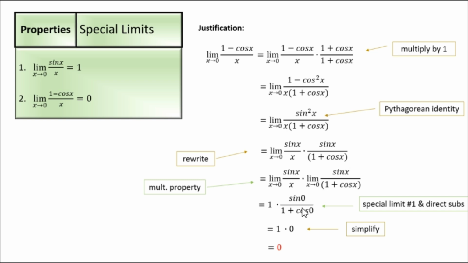We separate, and then by that theorem property, this is equal to 1. And when we perform direct substitution here, this is what we get, 0. And so the final answer is 0. So that this property number 2 is equal to 0.